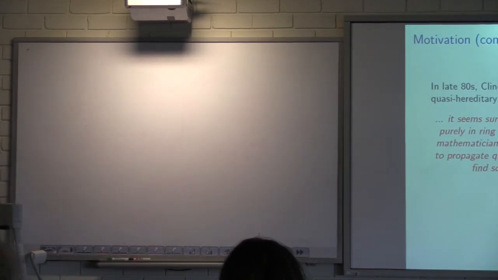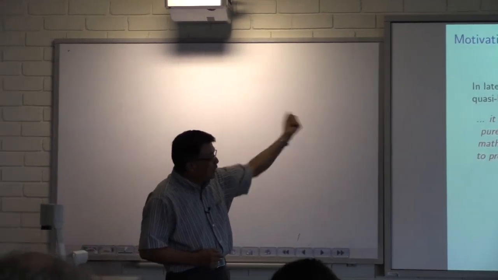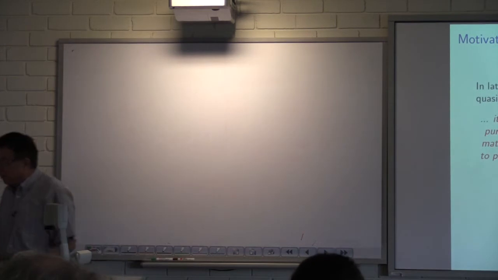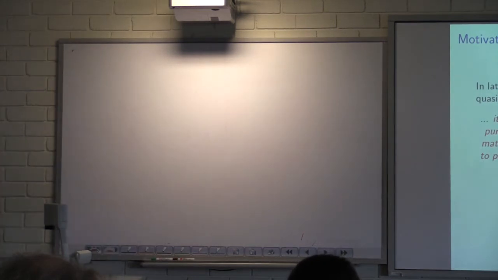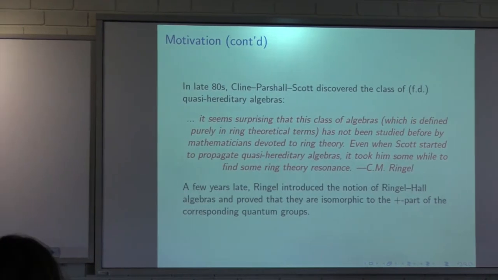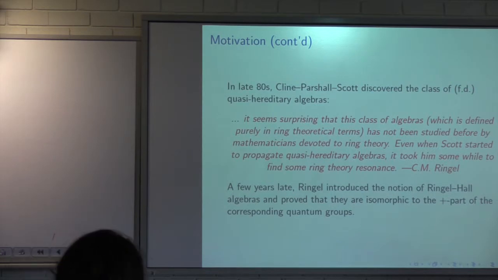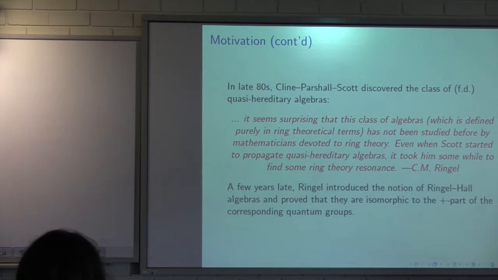Interestingly, Ringel was impressed with this discovery of a class of new algebras. But a few years later, Ringel himself introduced the notion of so-called Ringel-Hall algebras. Originally you have Hall algebras, but Ringel modified the original definition to a new type of algebras, and proved that they are similar to the positive part of the corresponding quantum groups.